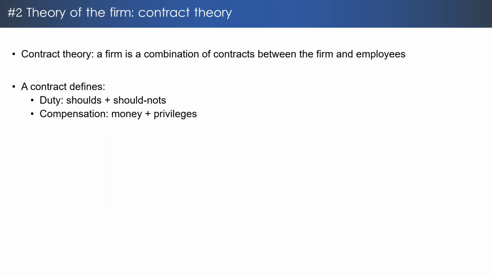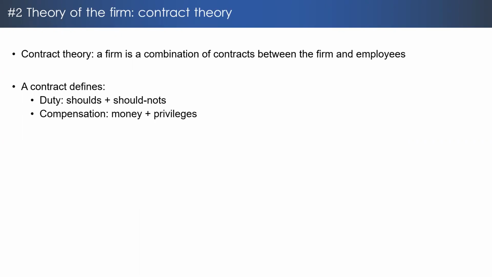So basically, you can think of that as a compensation, right? So how much money would the company offer the employee for their services? And what are some other privileges such as insurance, retirement account, medical coverage, right? Things like that, certain privileges that the companies can offer the employee as compensation, right?